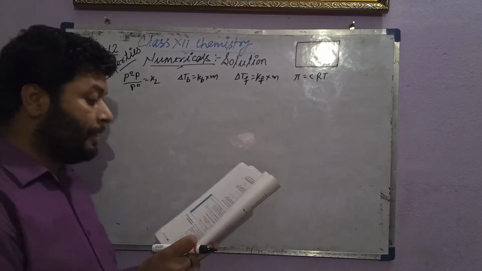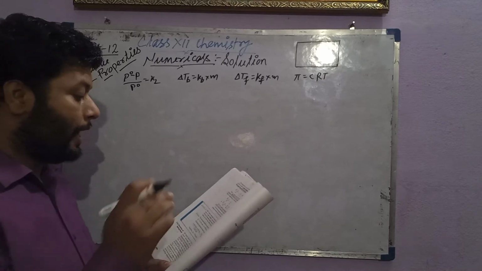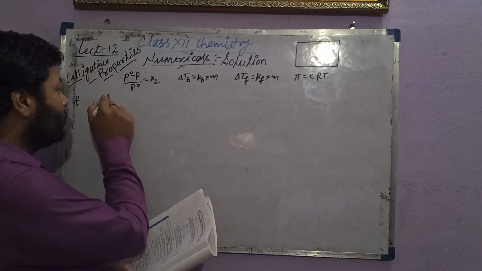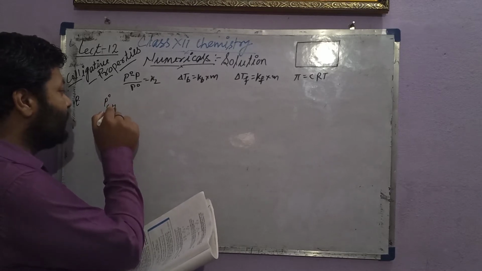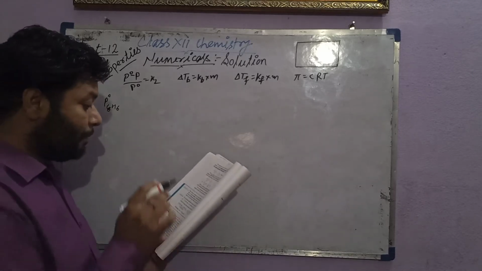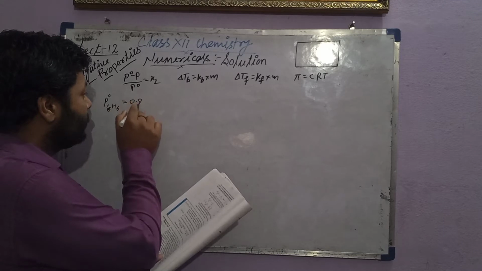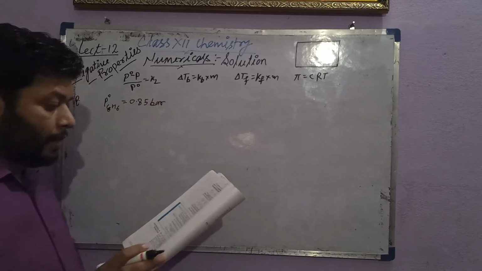The vapor pressure of pure benzene at a certain temperature is 0.85 bar. The pure benzene is called P naught, the P naught of C6H6.